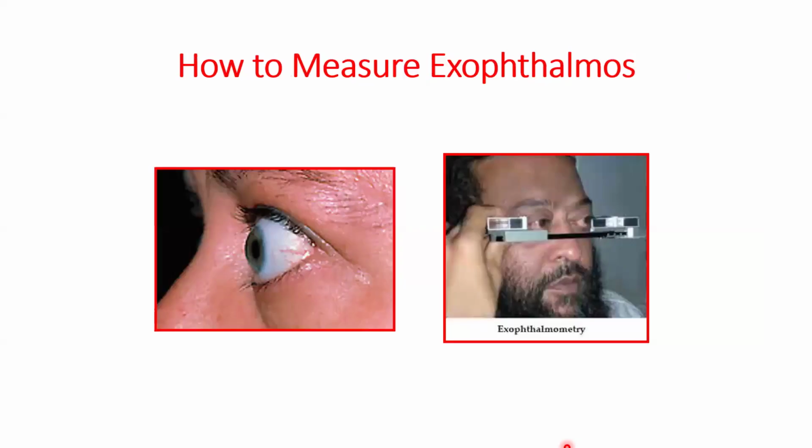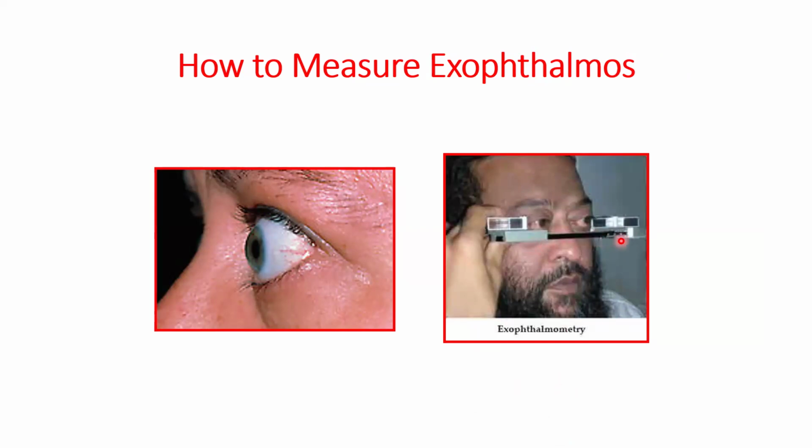Yes, doctor. So if you want to quantitate how much the degree of exophthalmos is, you want to measure for follow-up of progression, okay? So we send our patients to our colleagues at the ophthalmology department. They have this device called exophthalmometer with which they measure the degree of protrusion of the eyeball outside the orbit, okay?